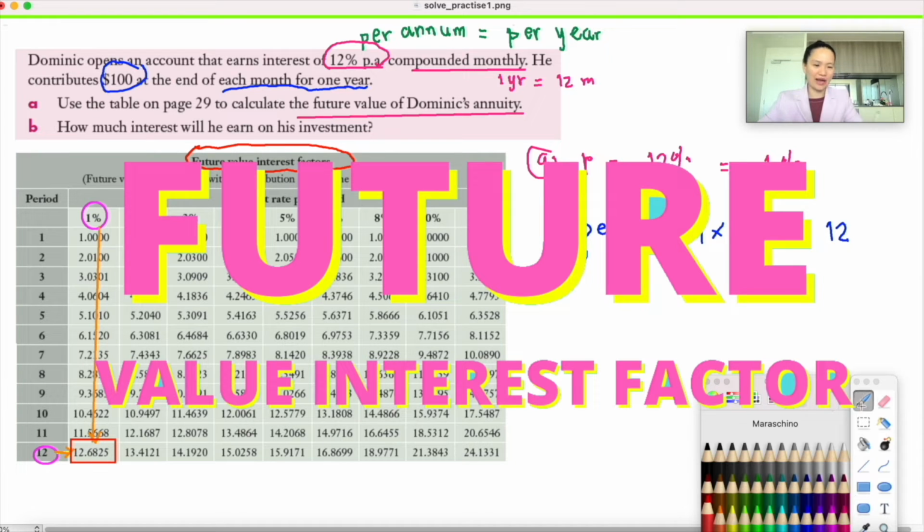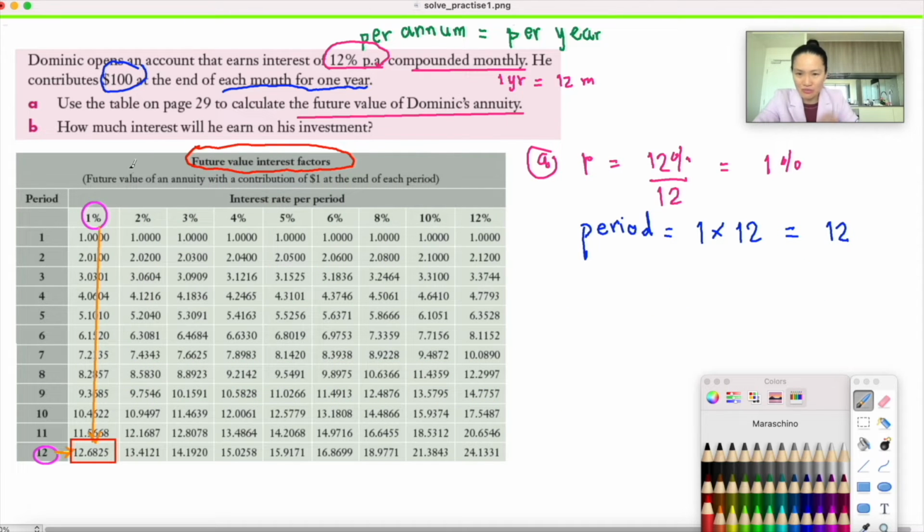I'm going to write it down here for you. So what does it mean? It means read the question carefully. Future value of an annuity will contribute $1. So $1. So what does it mean? $1 at the end of that, you pay 1% per month or 12% per annum compound monthly. For 1 year, you're going to get $12.6825.